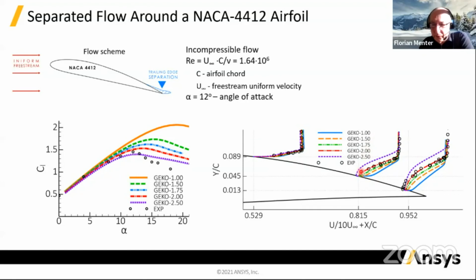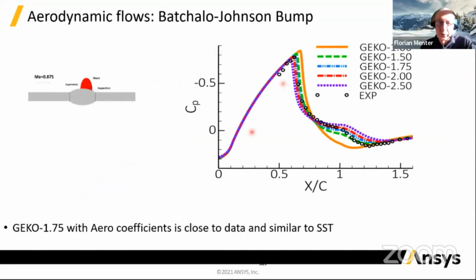If we get 1.75, we're pretty close to data. It's like an SST model. But we also can force it to over-separate with CSEP being in the range of larger than 2. We can get more massive separation there. So if we have a certain application and you need to tune the model, this is the coefficient to tune the separation characteristics. And it works for all sorts of flows.